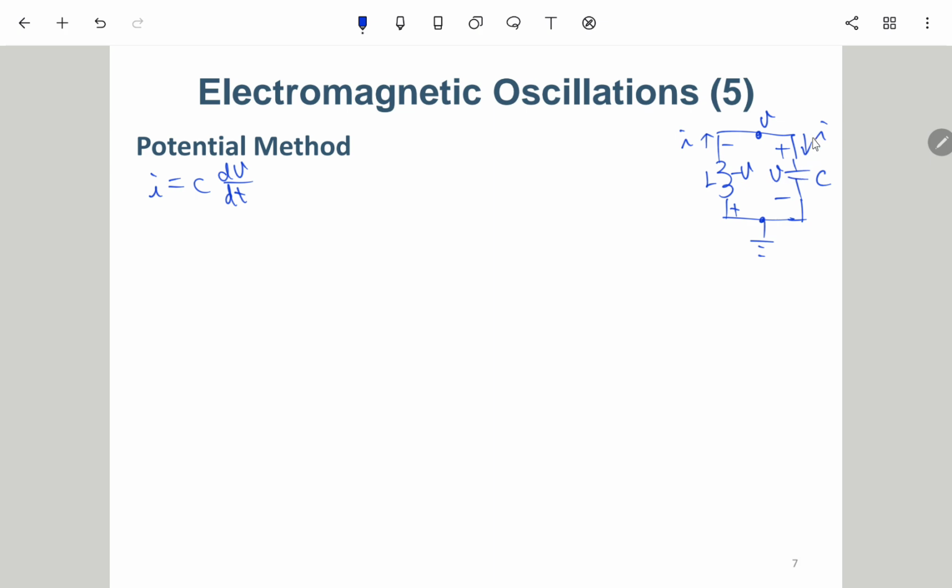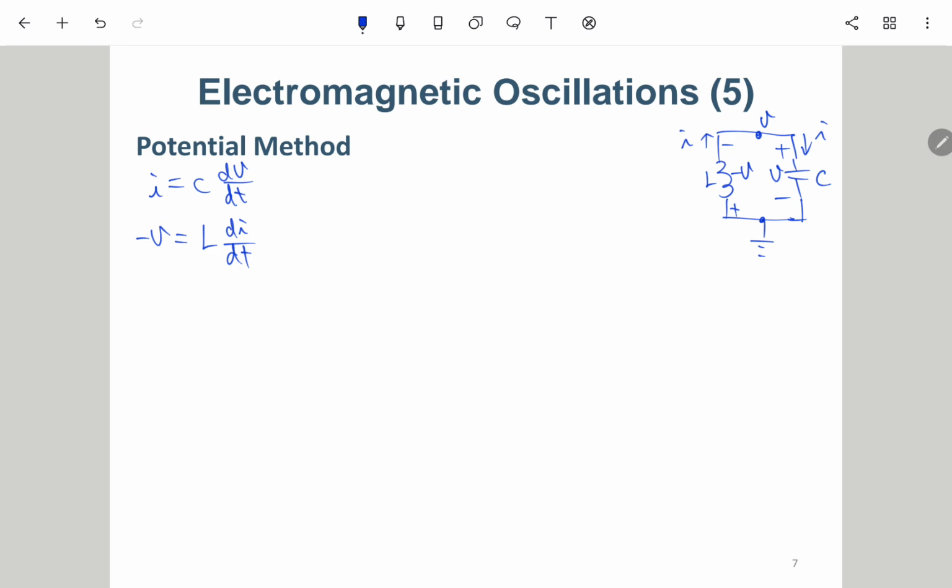So I equals C dV/dt. And then for the inductor, this V should be negative V here, because we define the direction like this. So the voltage across this inductor in this setup will be negative V equals L dI/dt.